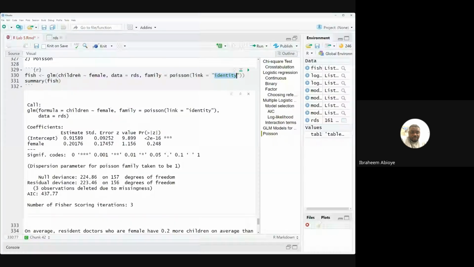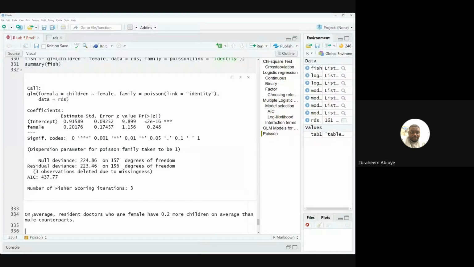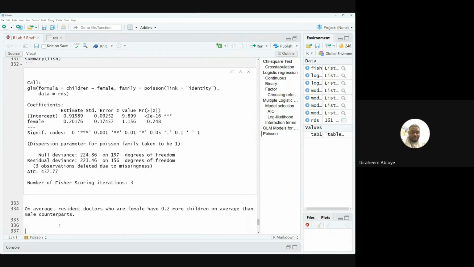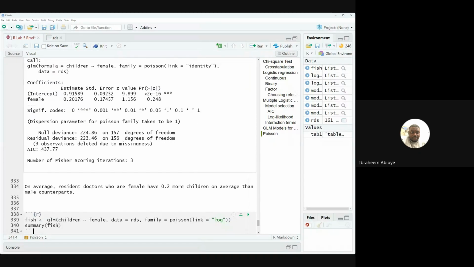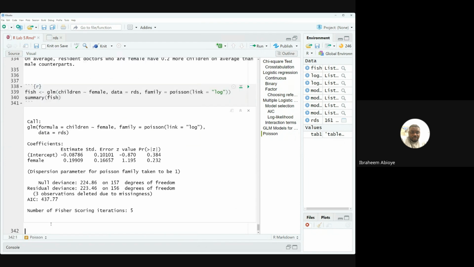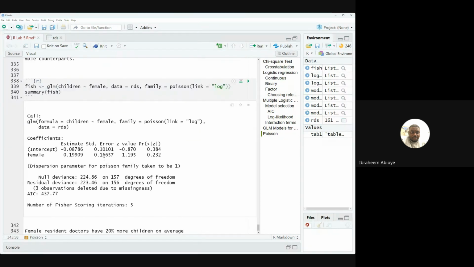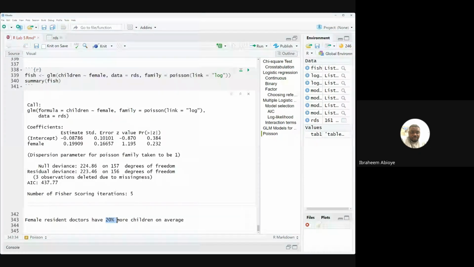But because in this case it is rendering this as 0.2, and we cannot have a 0.2 child, the disciplined way to have done this would have still presented this as resident doctors who are female have 0.2 more children on average. But an option would have been to take the log instead, which would have presented us with the option of using percentages.